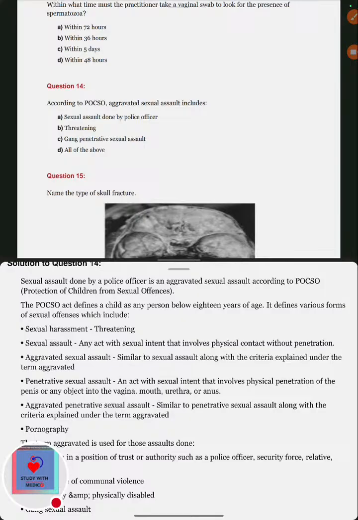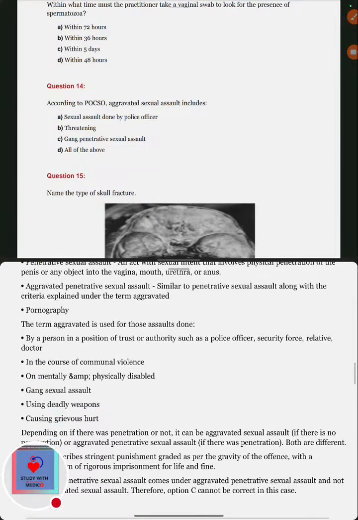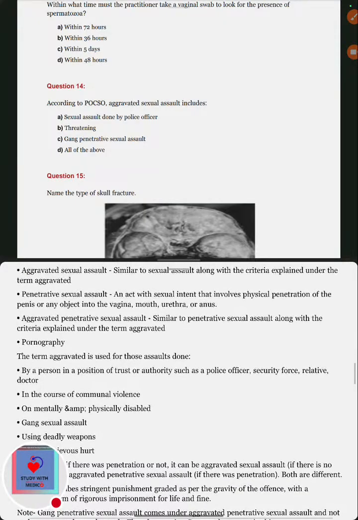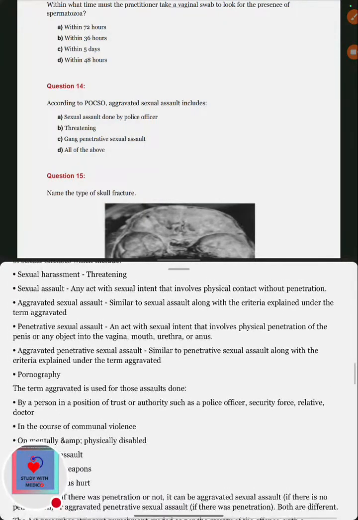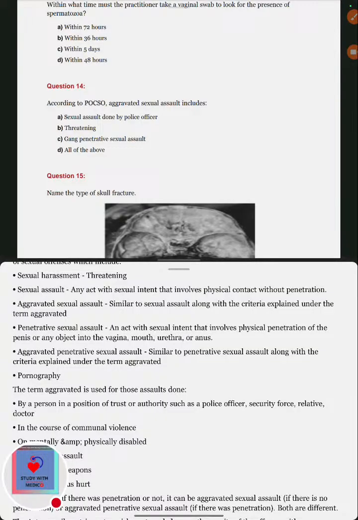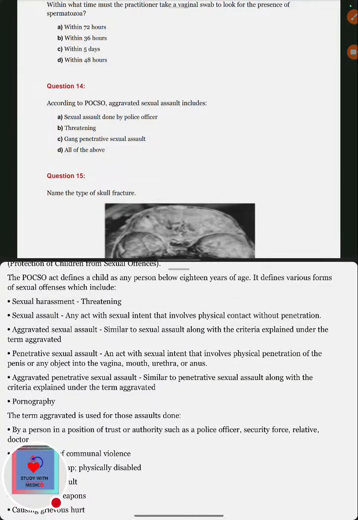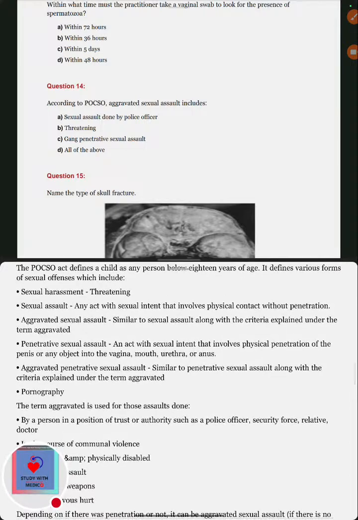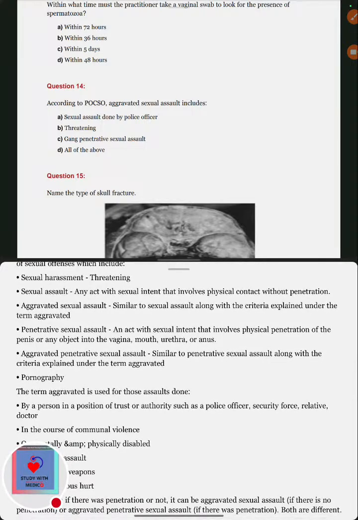Penetrative sexual assault is an act with sexual intent that involves physical penetration of the penis or any object into the vagina, mouth, urethra or anus. Aggravated sexual assault is similar to sexual assault along with criteria under the term aggravated. So it is all of the above.